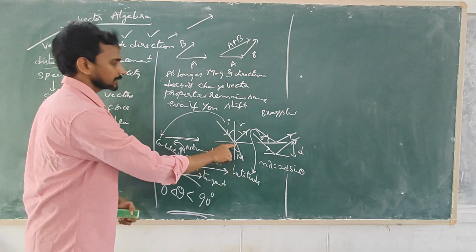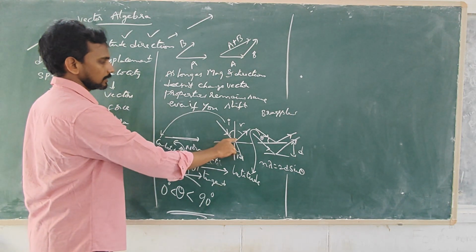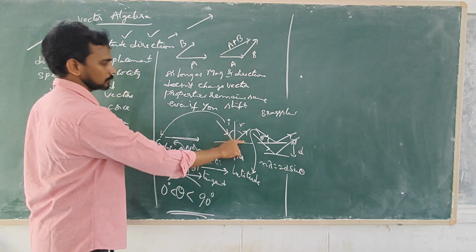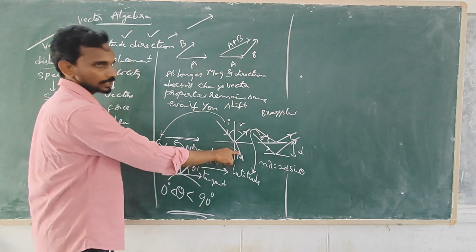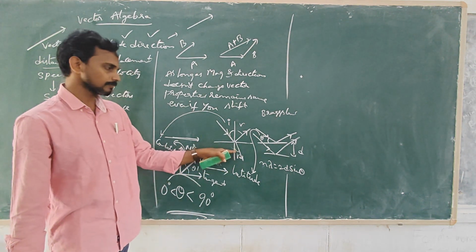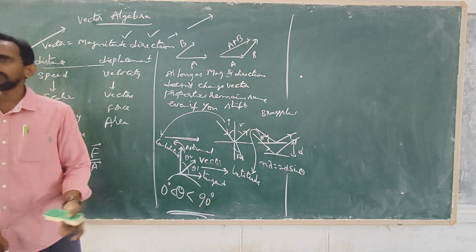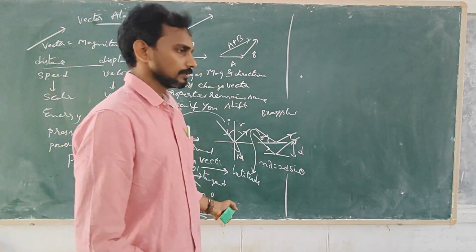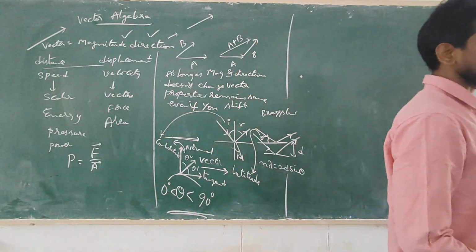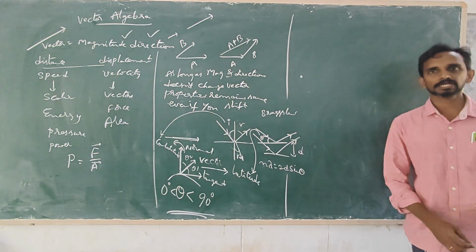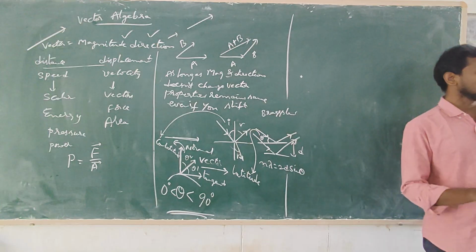For the refracted ray, the theta increases from 0 degrees to 90 degrees and travels beyond 90 degrees, then you have to measure the angle from the other direction. So this angle should be between 0 to 90 degrees when you are describing the angle made by a single vector.